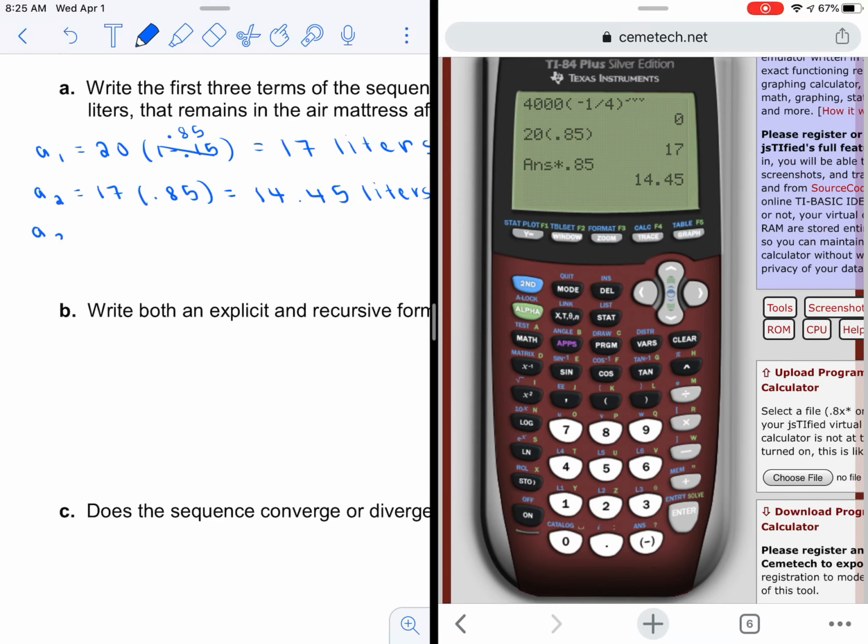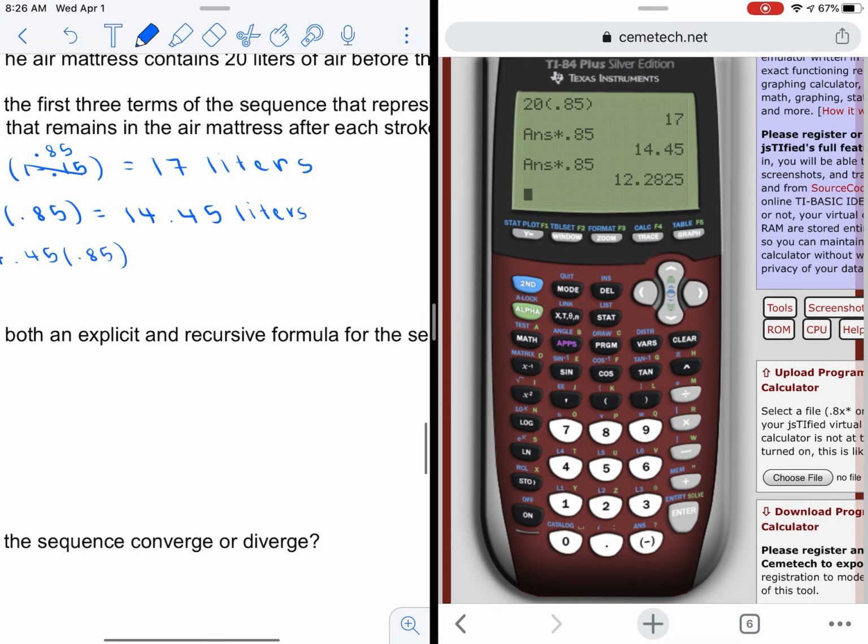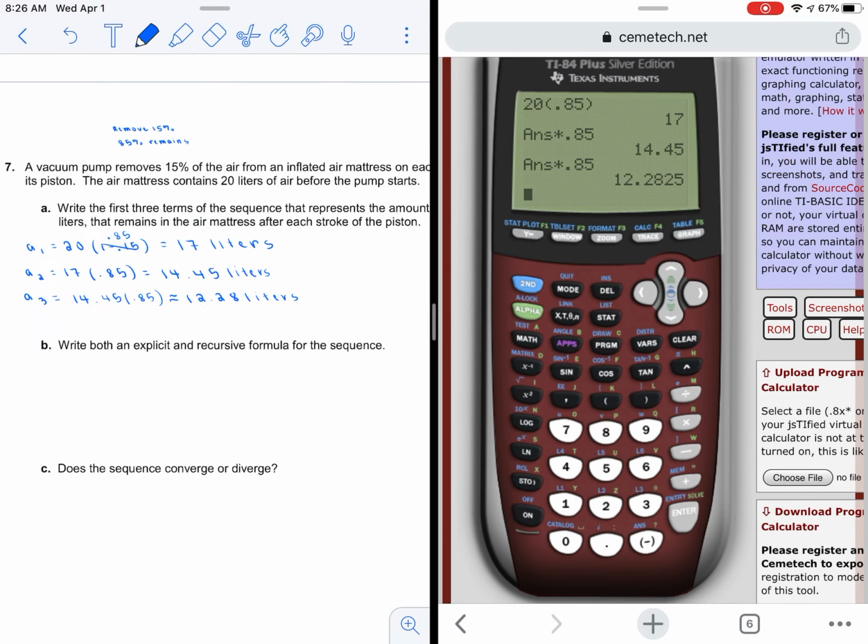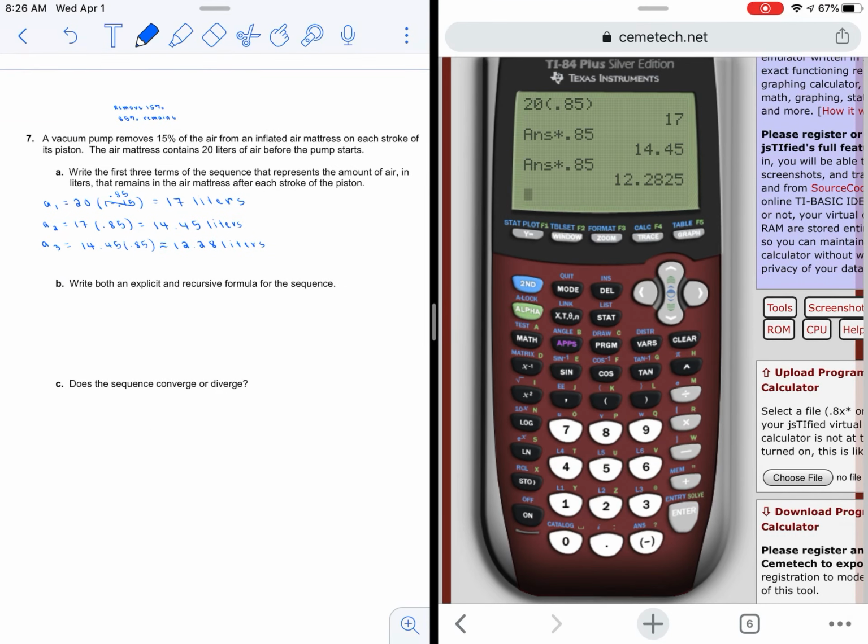Then we can do this one more time to find that third term. Just take the answer we got times 0.85, and that'll give me what 85% of that amount is. So we're seeing approximately 12.28 liters. So that would be the first 3 terms of the sequence.